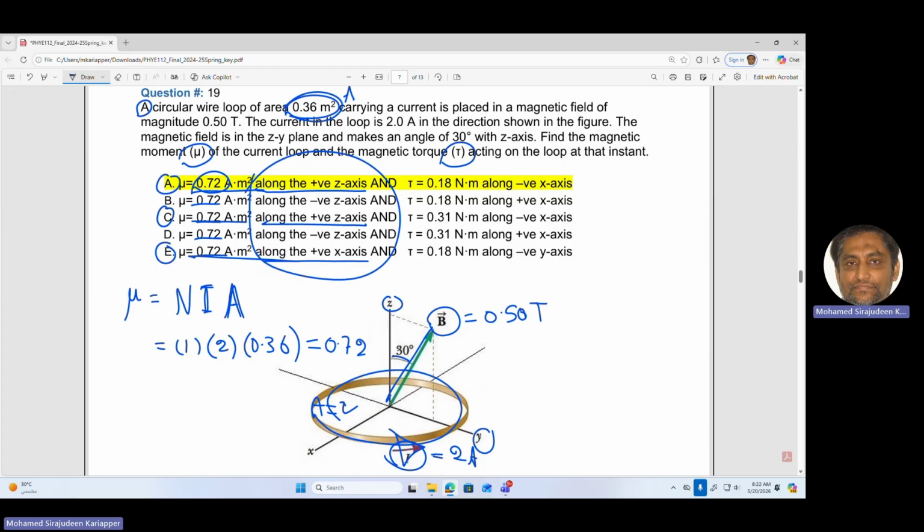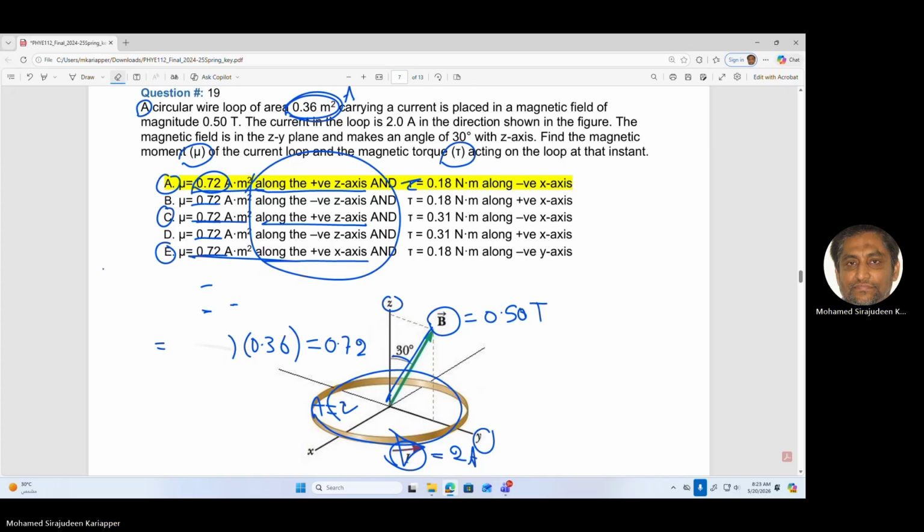We also have to find the torque. What is the formula for the torque? Tell me, you can check the formula sheet.